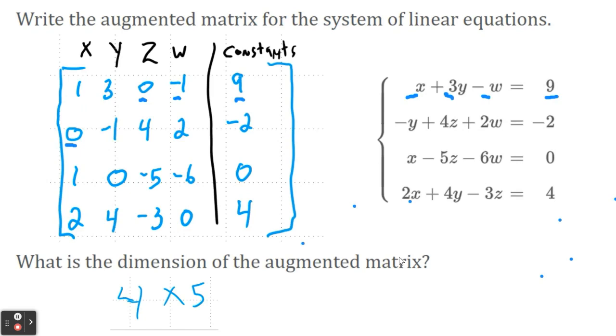There's no y, so we use a 0. And then z is -5, and then w is -6. And then our constant is 0. So the last row would be 2, 4, -3, 0, and then our constant 4. So we can see here we have 4 rows and 5 columns.